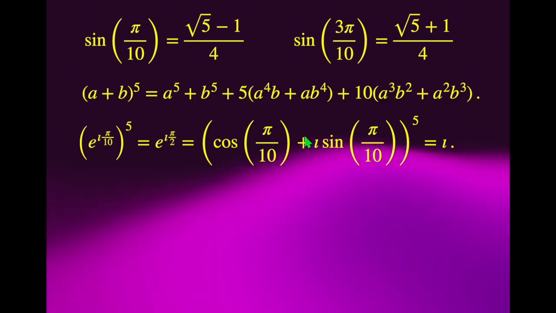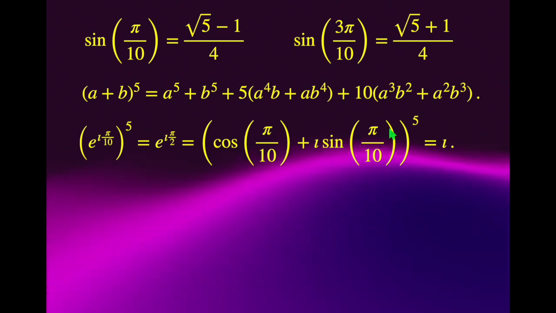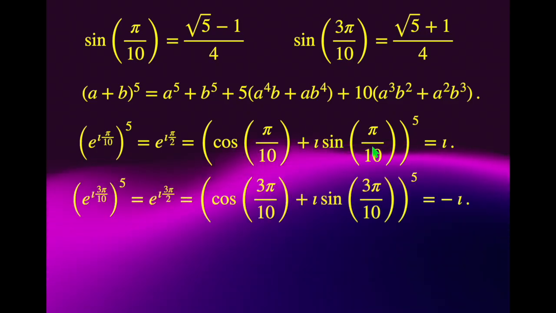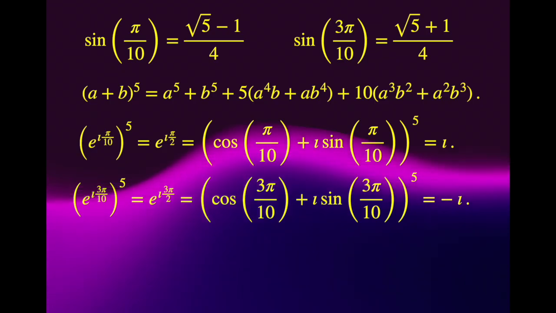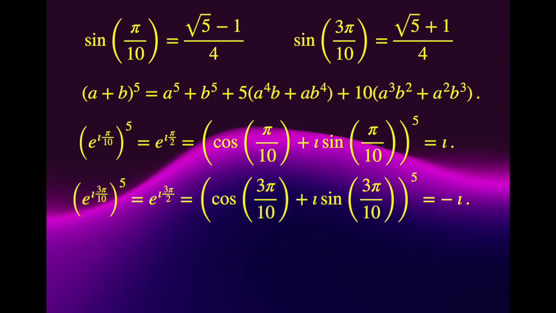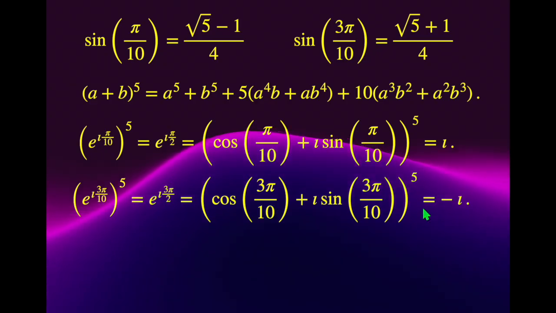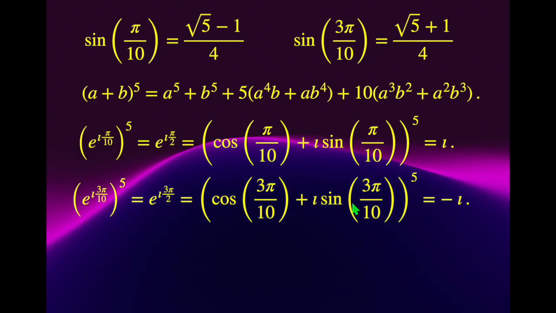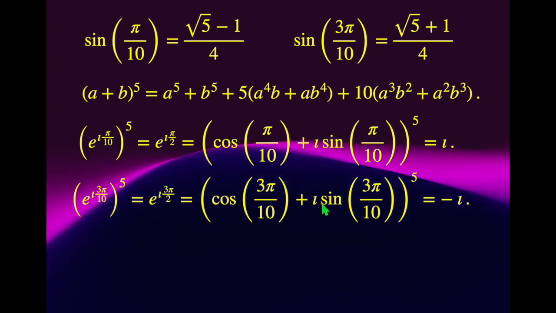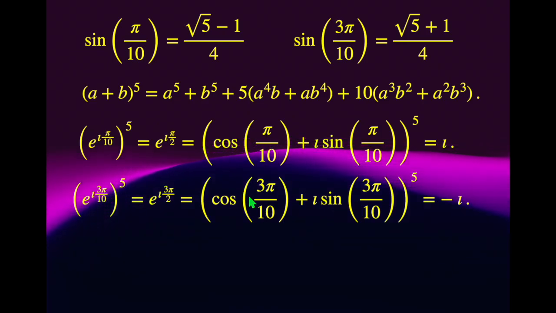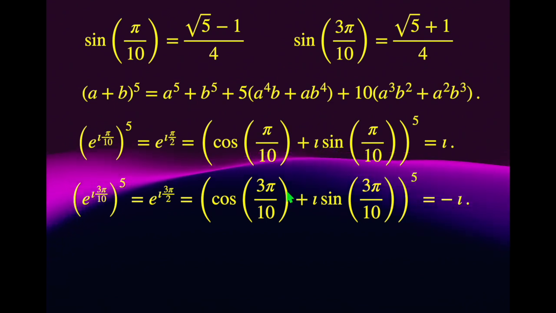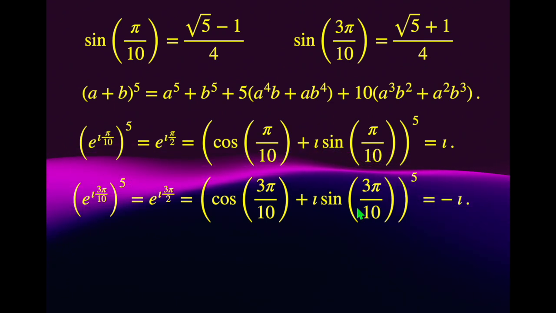So this means that the real part of this quantity is equal to 0. We have a similar formula for (e^{i 3 pi/10}) to the power 5. We get this formula, and also here the real part of this quantity is equal to 0.